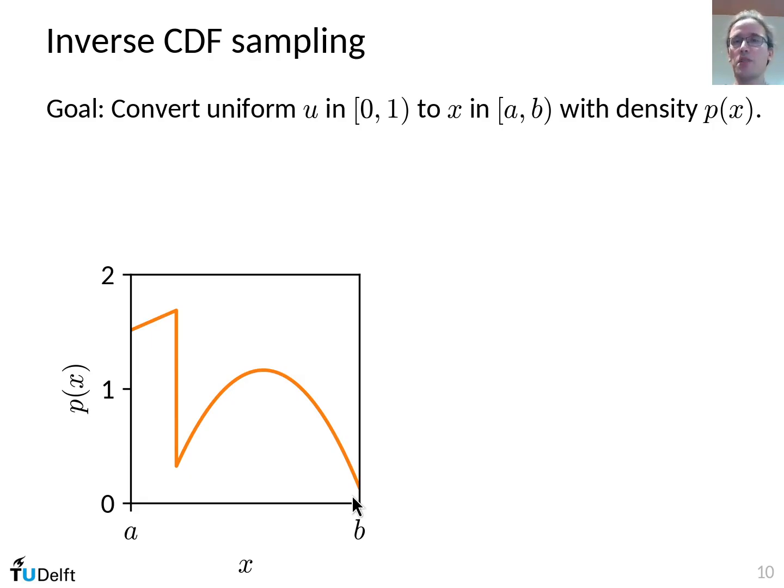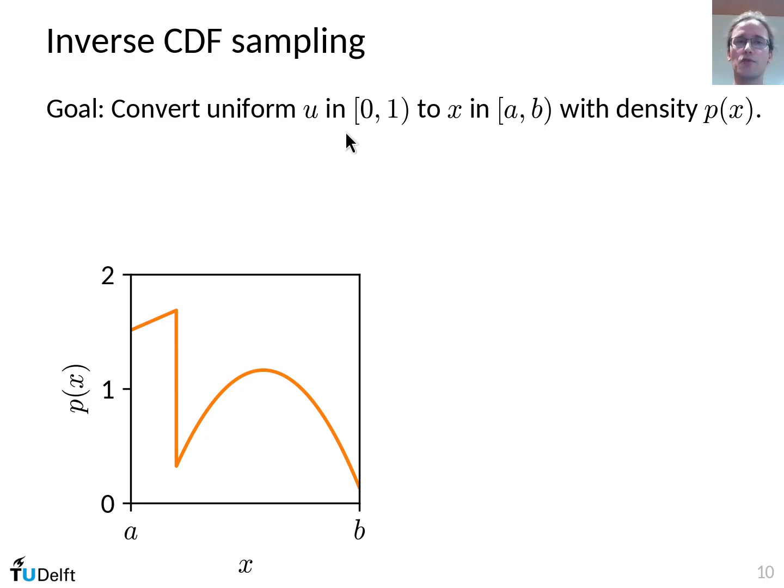Speaking of sampling procedures, how do we actually generate samples proportional to a given density? For that, we are going to use inverse CDF sampling. Our goal here is to take uniform random numbers in the interval from 0 to 1, and then we want to convert these into random numbers x that are distributed with density p of x.